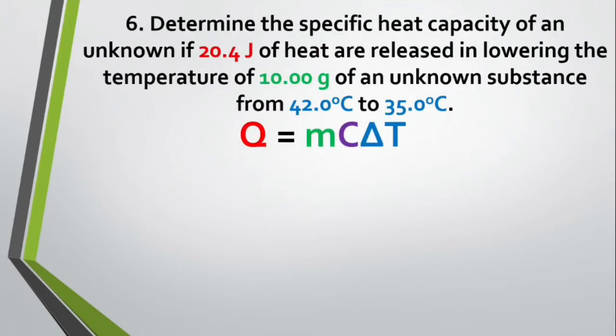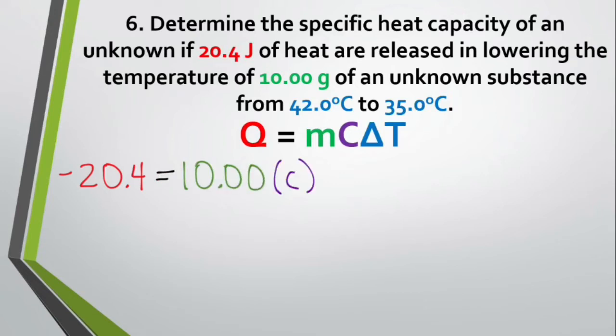All right, so now in this question, it gives us the heat that's being released, so I am writing that out as a negative number, and then it gives us our mass, and we're trying to figure out what the specific heat is, so C is going to stay in our equation, and then if we subtract our two temperatures, final minus initial, 35 minus 42 gets us -7.